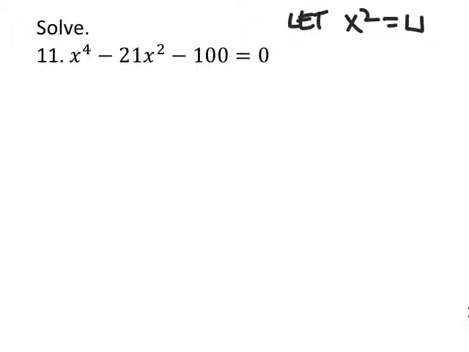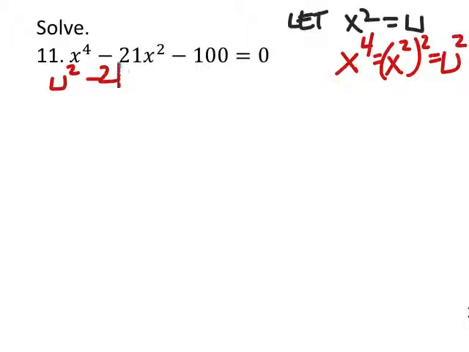Since that's the case, x to the fourth is the same as x squared squared, which is going to be u squared. So x to the fourth is just u squared minus 21u minus 100 equals 0.